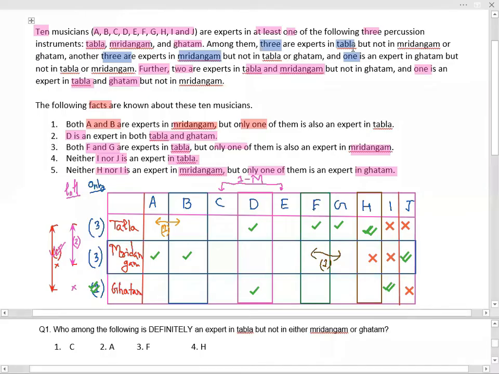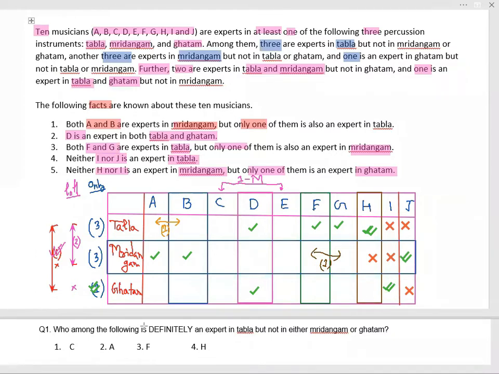Now we can see question number 1, where it asks who among the following is definitely an expert in tabla, but not in either mridangam or gatham. As per my concept, he should have a double tick in tabla, and that is H I can see. So my answer for this question is H, option 4.